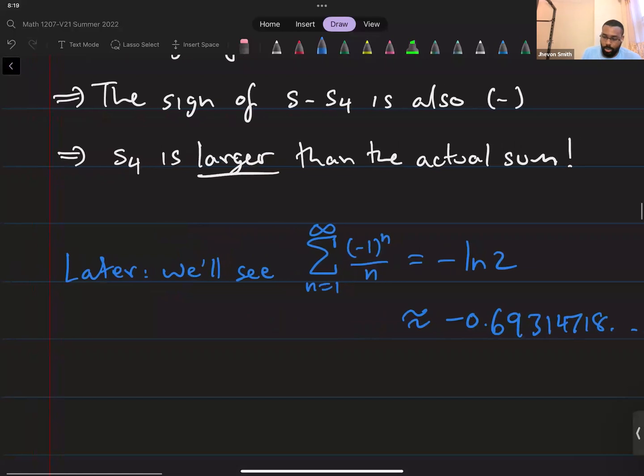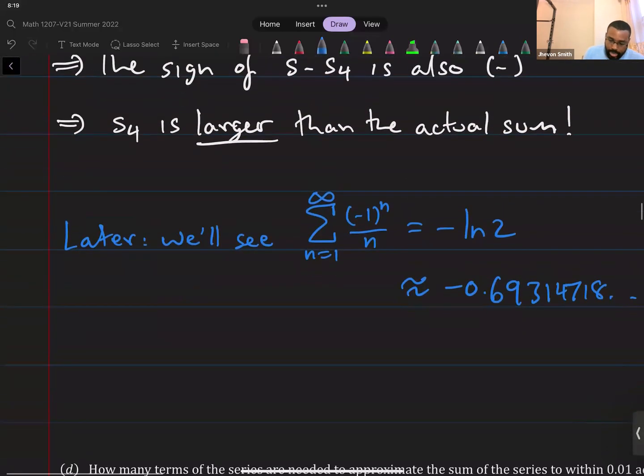And so, yeah. So my S minus Sn was about 0.10981, which is of course less than 0.2.